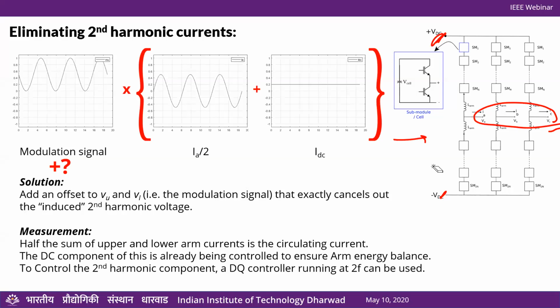There are some studies, some research papers where PV is interconnected to these submodules, right? That's not really a classic MMC. That's more like a cascaded H-bridge type converter. But the problem is you can't manage power differences between modules.